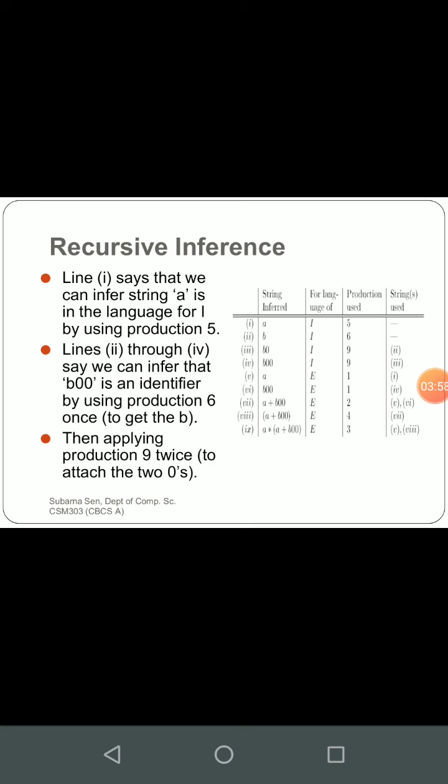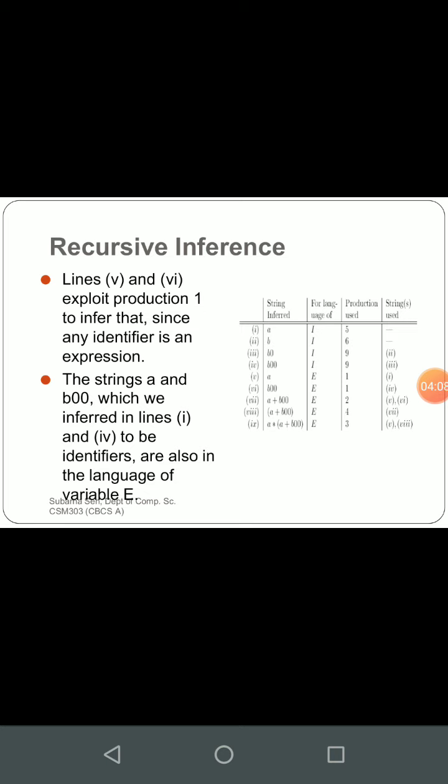Just follow the table and you can learn the rules written on the left-hand side of the slide. In the next slide this explanation goes on. Let us say for lines 5 and 6, what are they doing? Line 5 generates a. From E it can generate a directly, and how? Because from E we can generate I, and from I we can generate a.